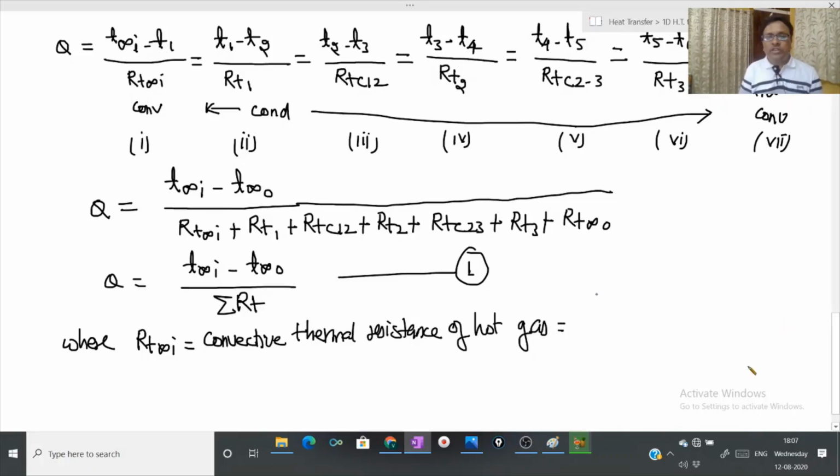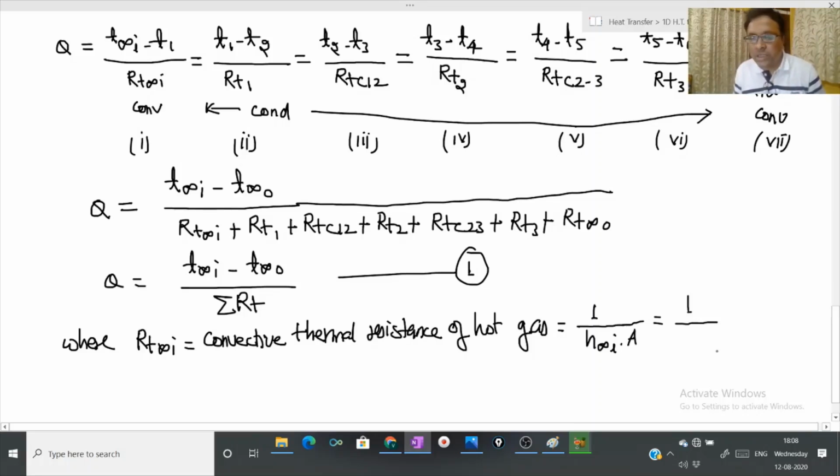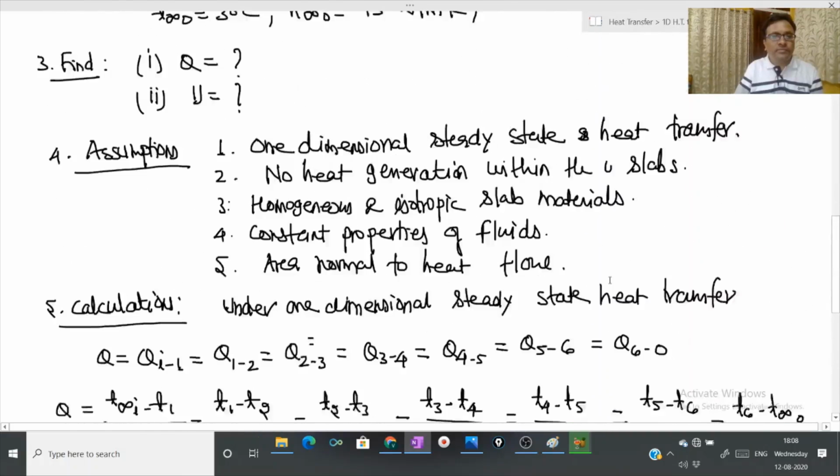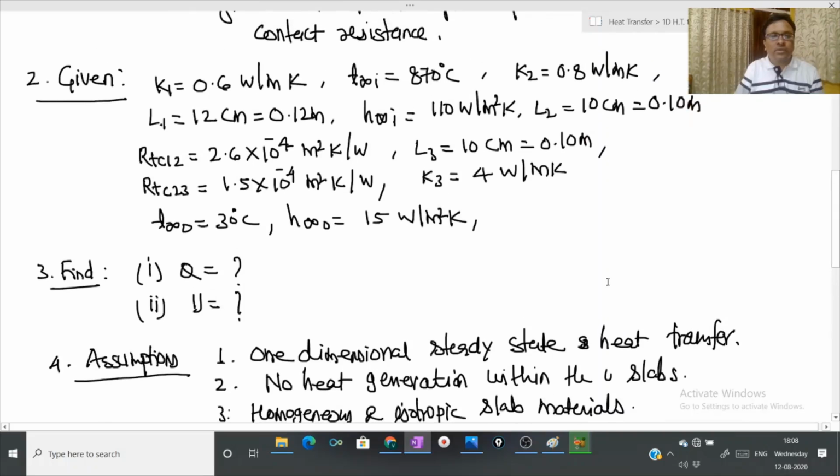Do you remember the expression for this? Even if you don't remember, you can refer to the data book on how to calculate convective thermal resistance. It is given by 1 over HA. So H infinity I for hot fluid and its area, H infinity I A. This can be calculated as H infinity I is given as 110.